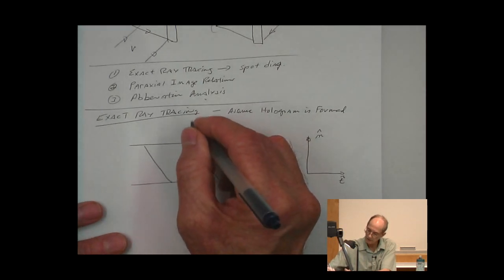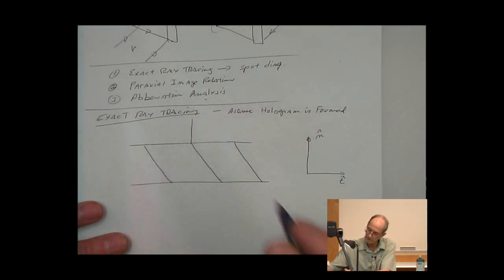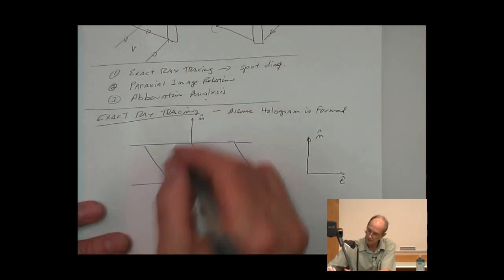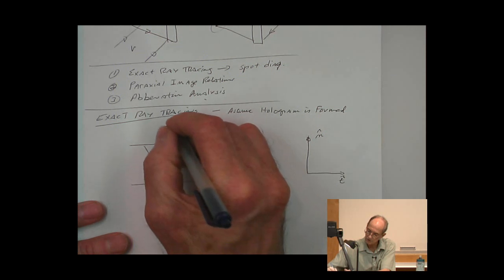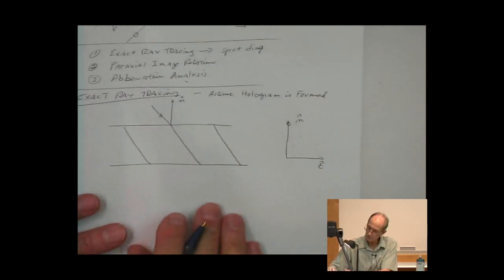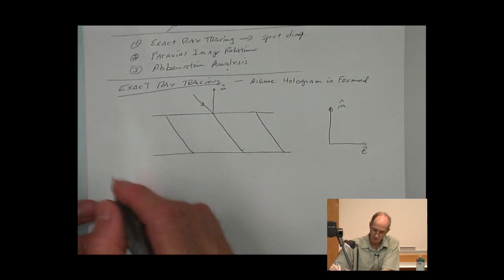All right. So here we'll have a ray coming in. This is again the normal direction out here. And we're going to have a reconstruction ray coming in. I'm going to use the notation again.